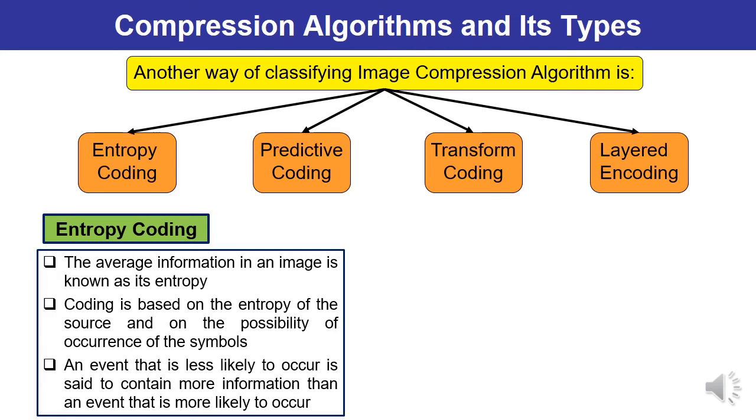The logic behind entropy coding is, if pixels are not uniformly distributed, then appropriate coding schemes can be selected which can encode the information so that the average number of bits is less. You are aware that the term entropy means the average information in an image. Coding is based on the entropy of the source and on the probability of occurrence of symbols.